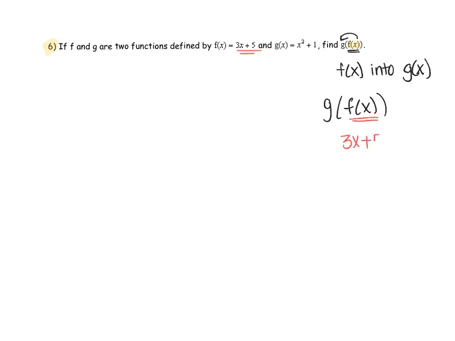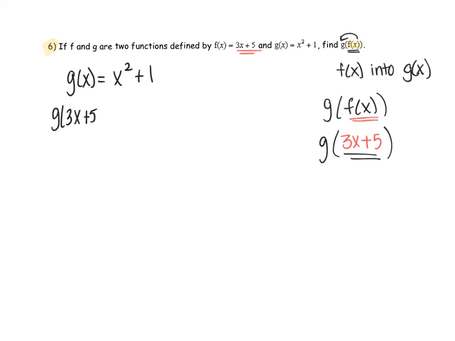F of x is equal to 3x plus 5, and I want to find g of that. So if I go and I rewrite my g of x function, which is x squared plus 1, I want to find g of 3x plus 5. So that means everywhere I see an x, I'm putting a 3x plus 5.